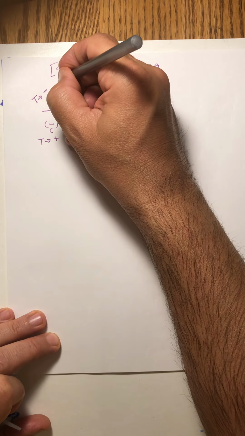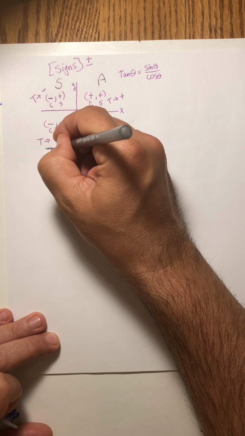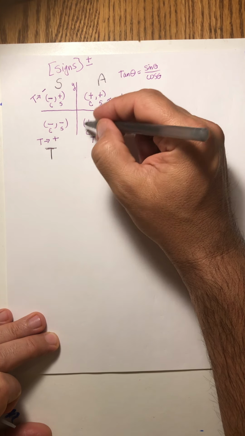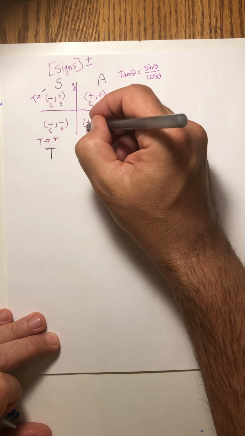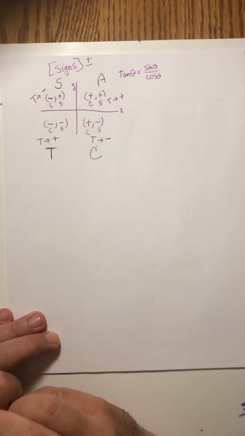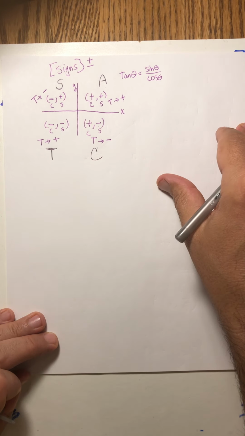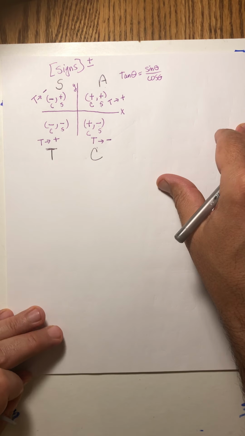The only function that is positive in quadrant 2 is the sine. Quadrant 3, what's the only function positive? T, tangent. And in quadrant 4, what's the only function that's positive? C, cosine. ASTC. The little memory device to help us remember when the functions are positive.